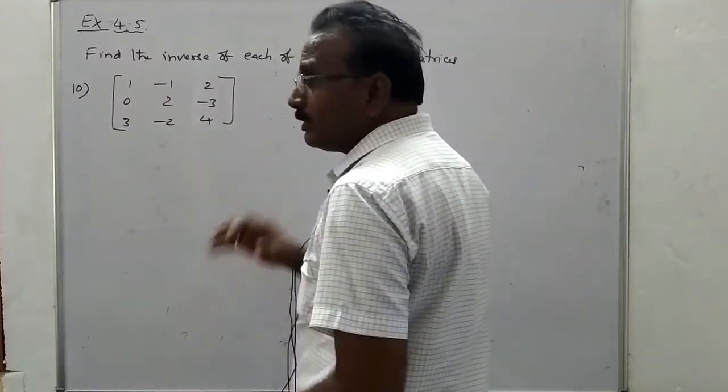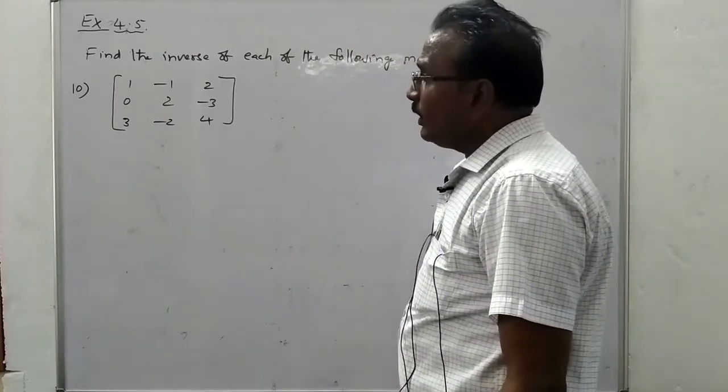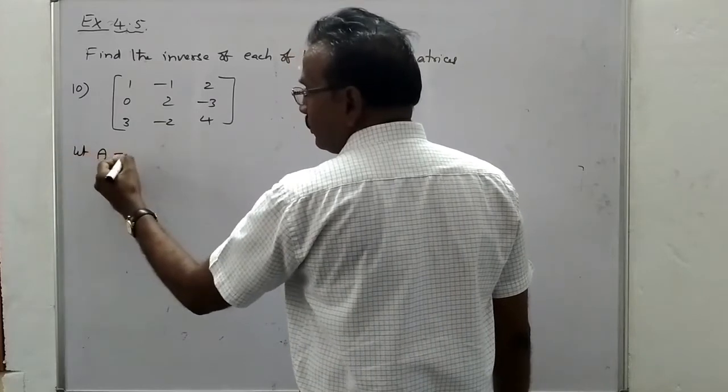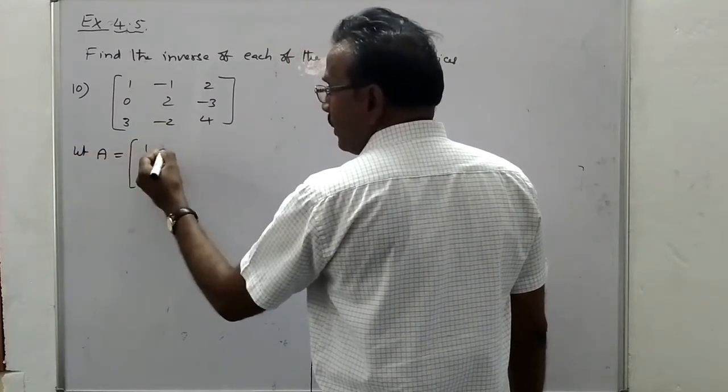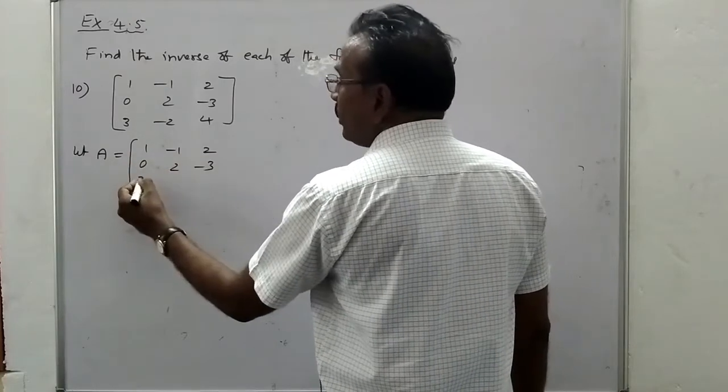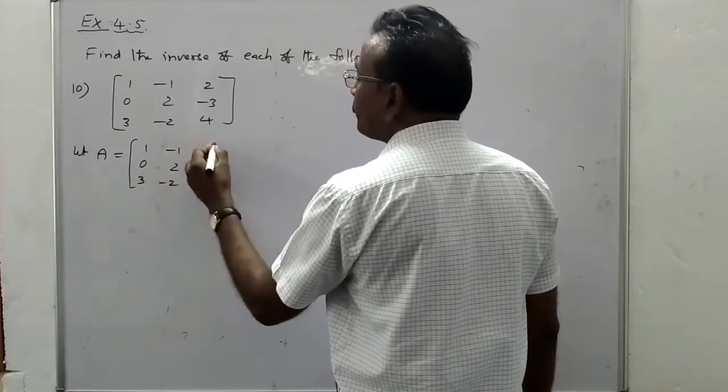So what is A inverse? A inverse is equal to 1 by determinant of A into adjoint A. Let A is equal to this one: 1 minus 1, 2, 0, 2, minus 3, 3, minus 2, 4.